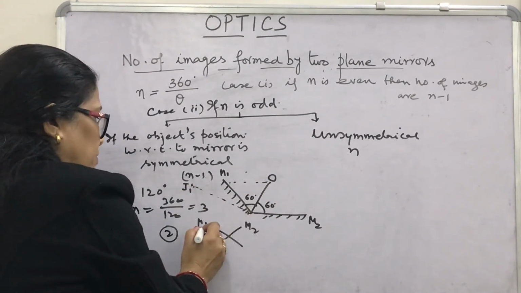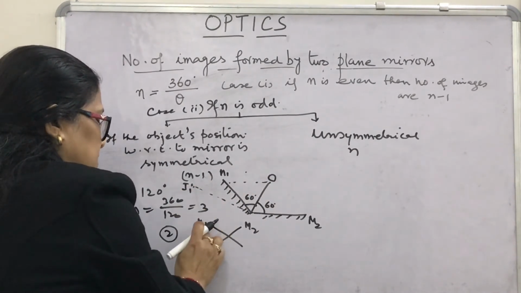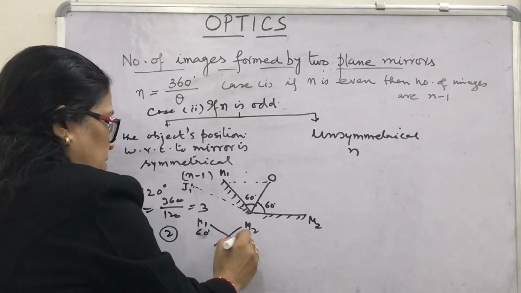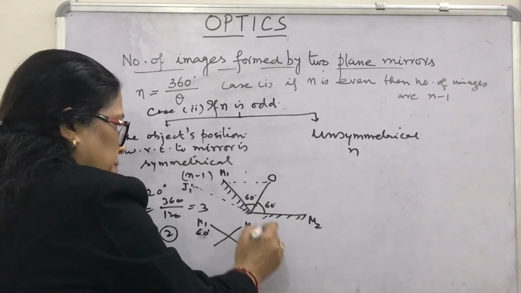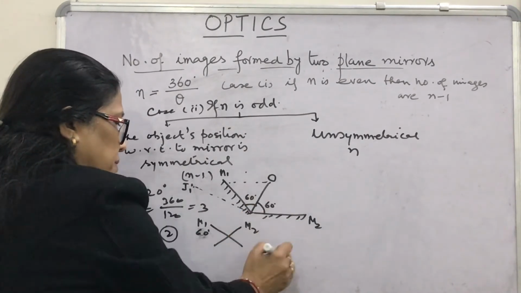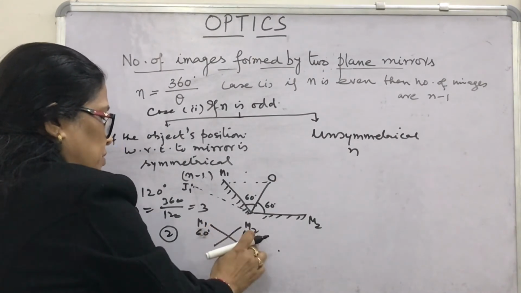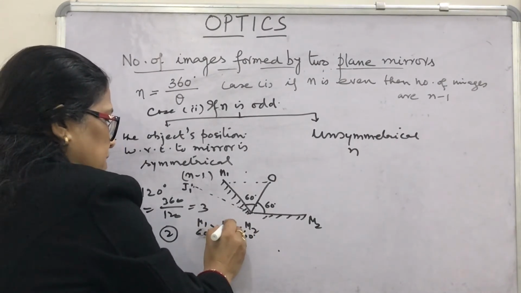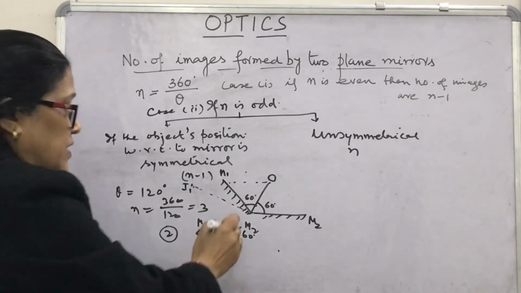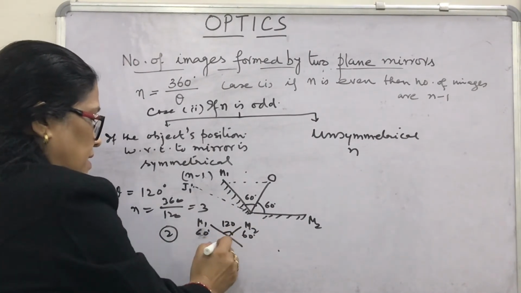So here you will find this is at 60 degrees, the same angle behind. Here also from M2 the same angle behind will be the image. So this is also 60 degrees. This is the I1, I2 position, and the angle between them is 120 degrees. This is between the mirrors.